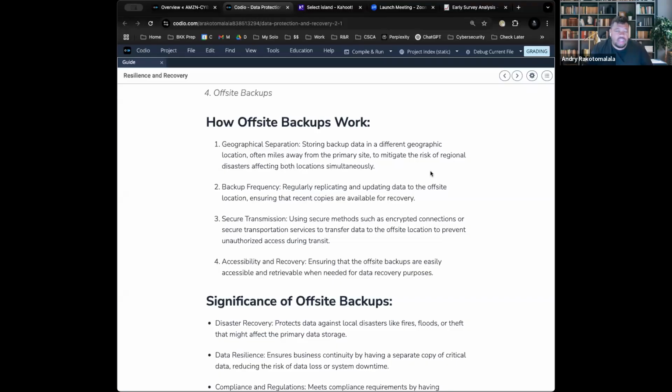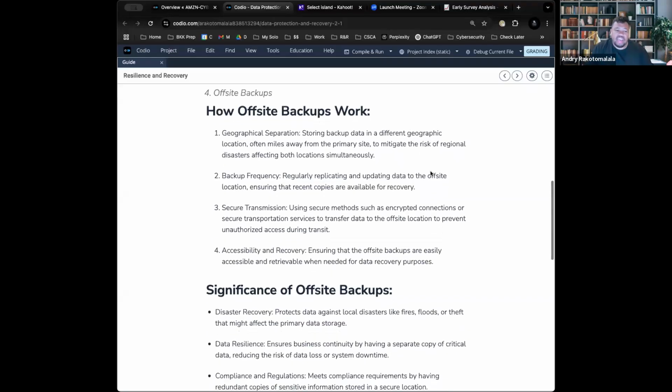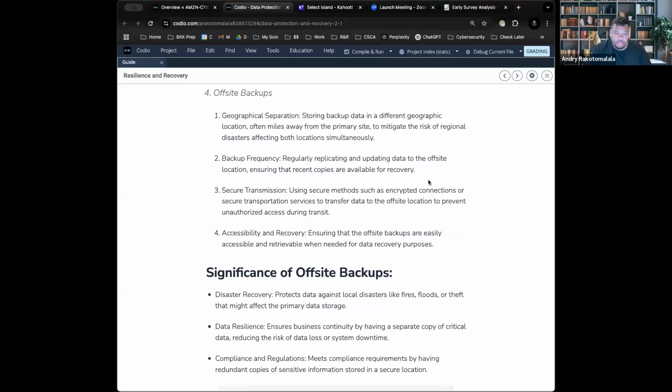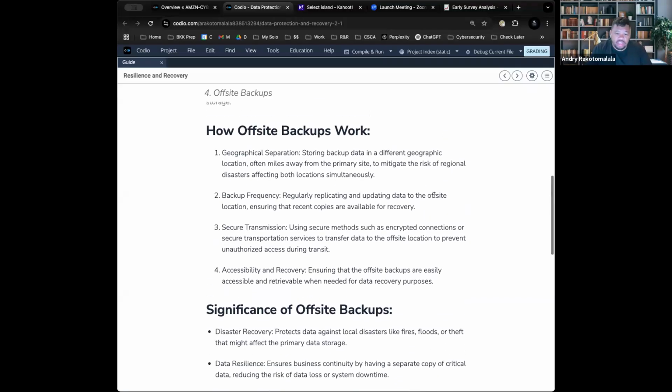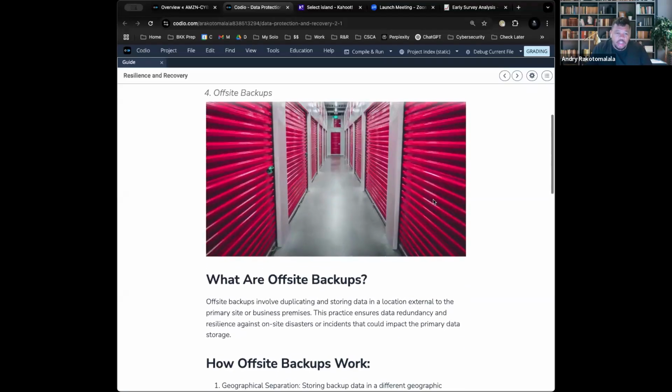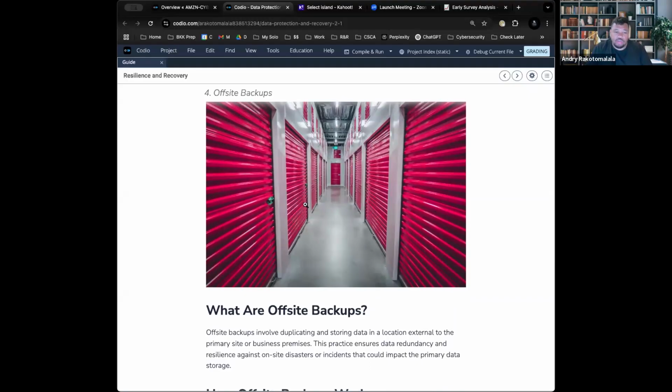Now, the proximity can differ. Sometimes it can be right next to each other. Sometimes it can be miles away. Sometimes it can be in a completely different region. But the idea here is to have a backup in a location that isn't affected by an actual incident. Backup frequency, you do have to keep that in mind, because with an offsite location, you typically have to go in and drop off the hardware.